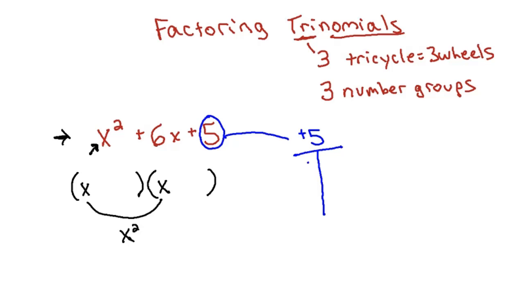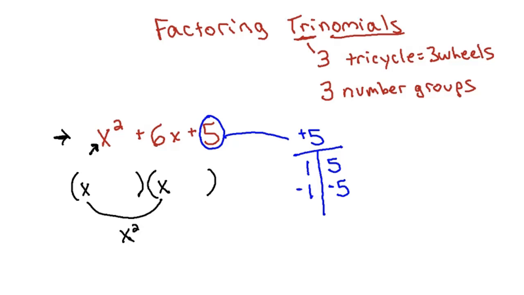So we're going to start out with positive 1 and positive 5. 1 times 5 equals 5. So that's one set of numbers. Also, we could get negative 1 times negative 5 is a positive 5. So that's another set of numbers. And are there any other numbers that multiply to make 5? No. So we're done with that.